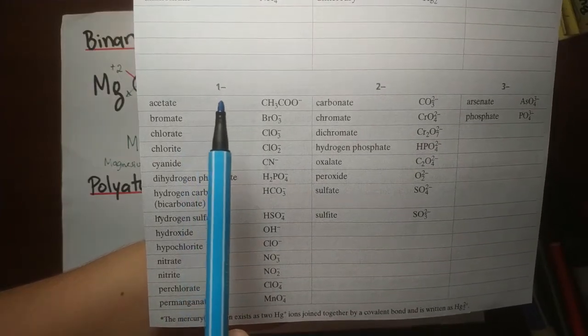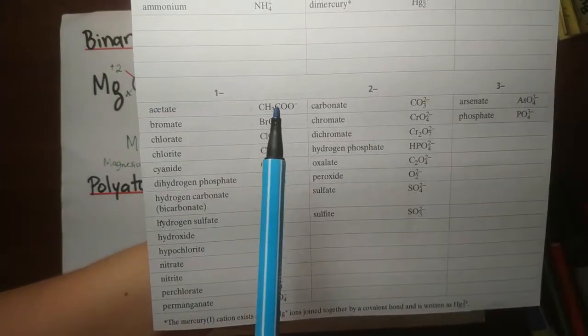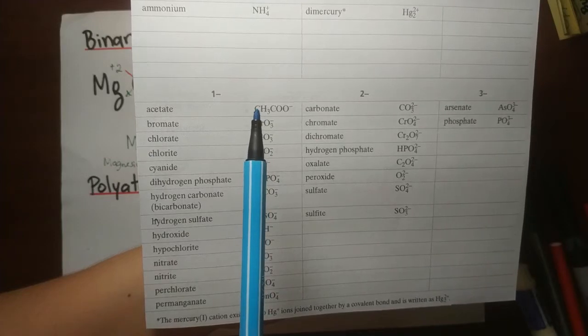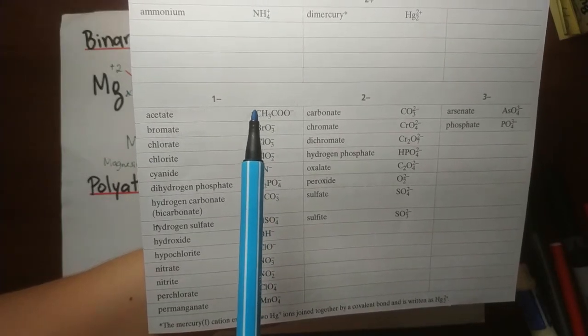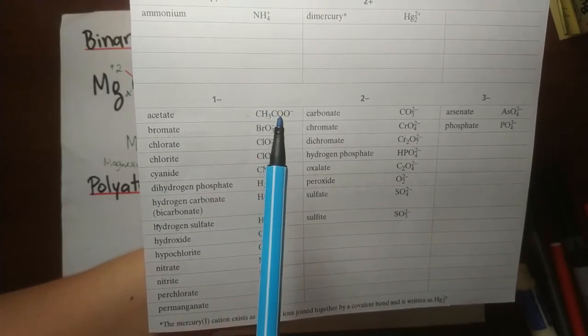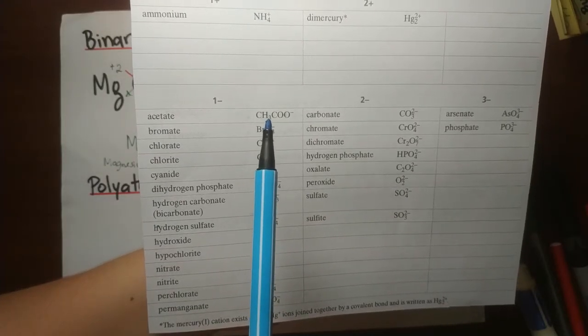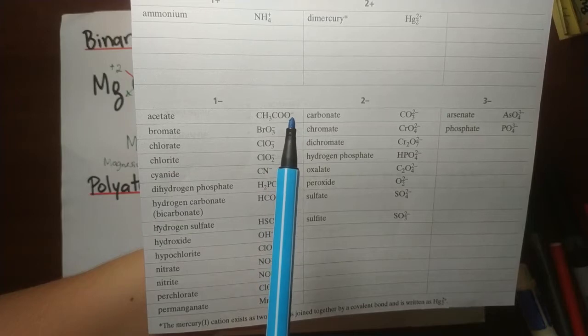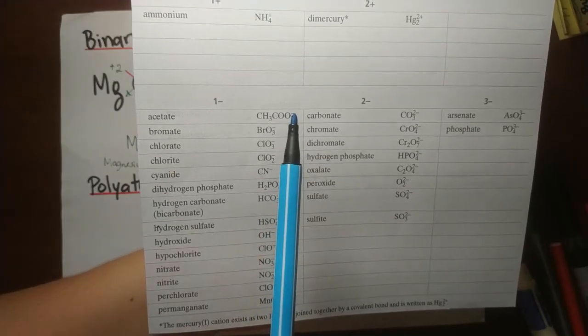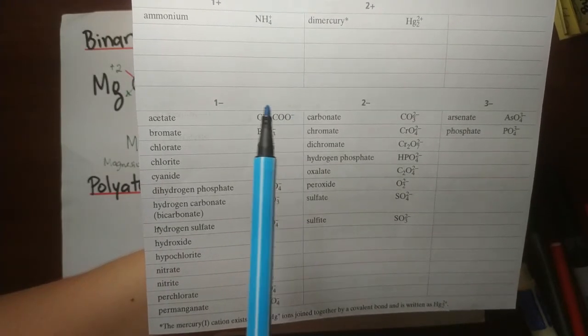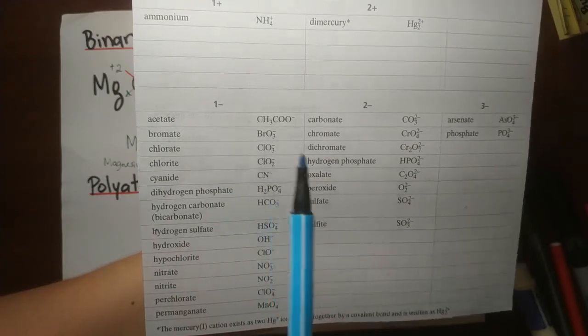For example, acetate. It's a polyatomic ion that is composed of 2 carbons, here and here, 3 hydrogens, right there, and 2 oxygens. And the charge, you just see the negative here, that means that it is a charge of -1.